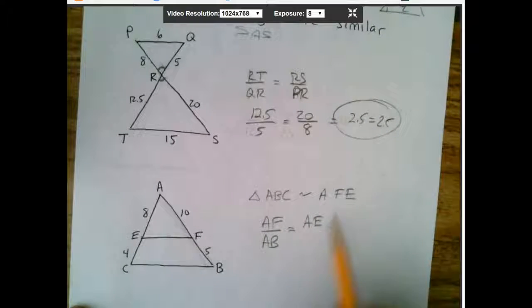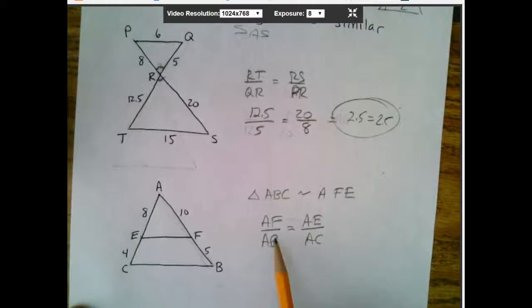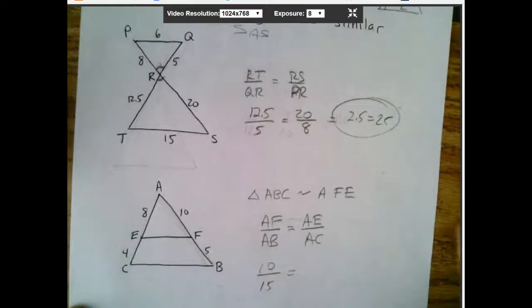AF and AE go together across, and then AB and AC. Now we'll do our ratios. AF is 10, AB is 15, really, because we have 10 plus 5. Then AE is 8, and AC is 12.